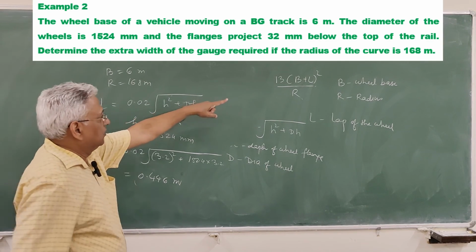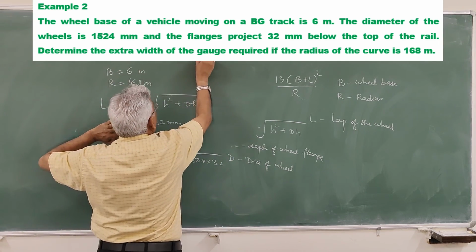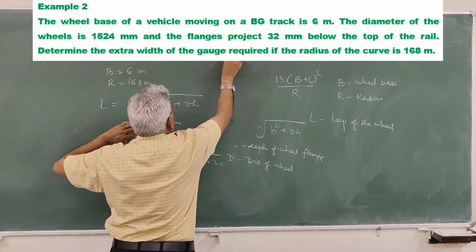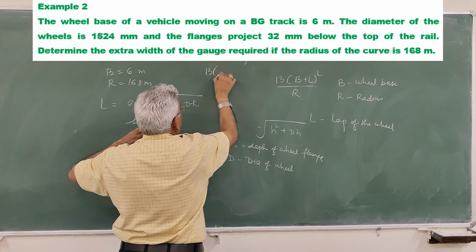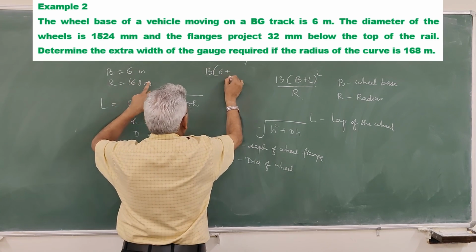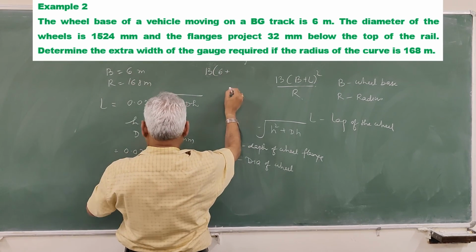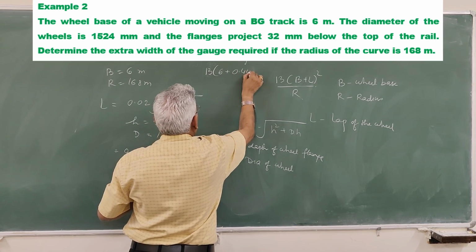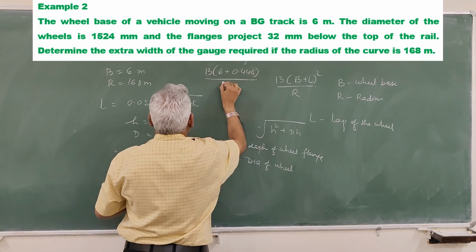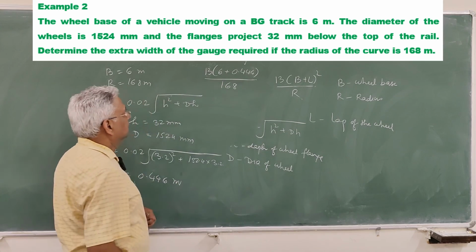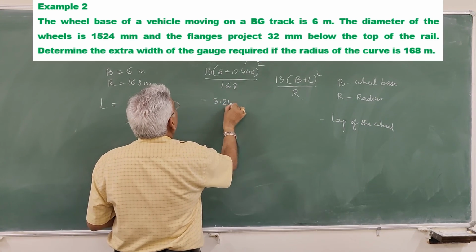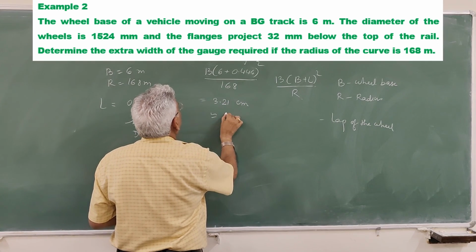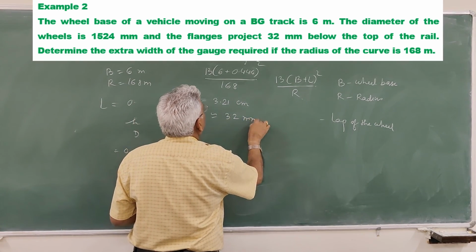Put in this equation. Extra widening is 13 into (B, 6 meter, plus L, now 0.6446 meter) squared divided by 168. That gives 3.21 centimeter or 32 millimeter.